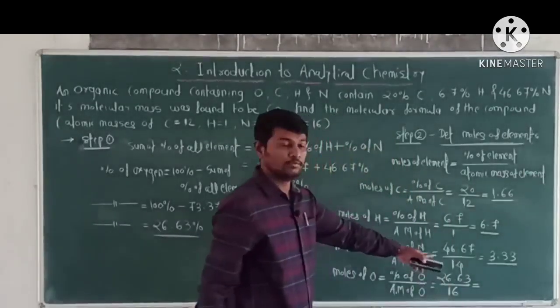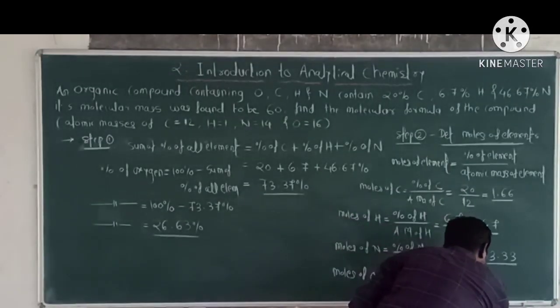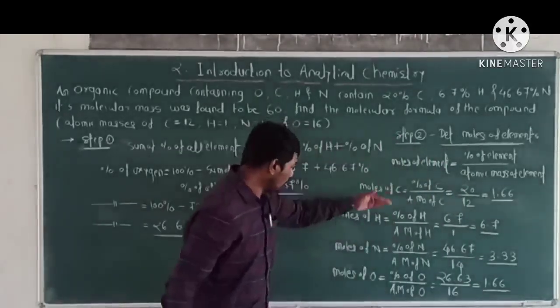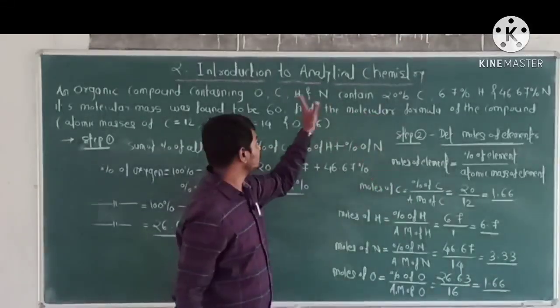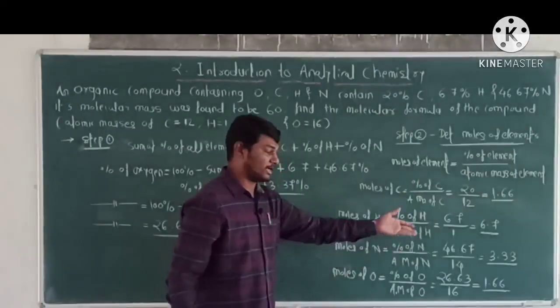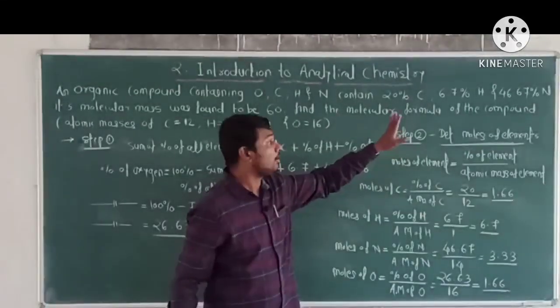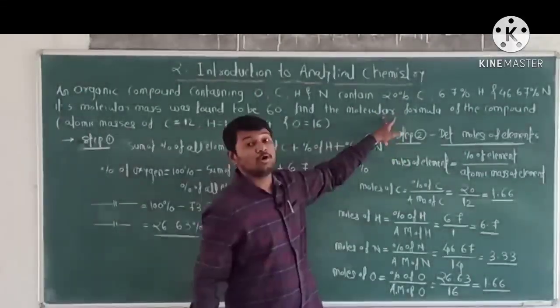Solving this, moles of oxygen is 1.66. These are the moles of the elements present in this numerical: moles of carbon, hydrogen, nitrogen and oxygen. This is step number 2 of the determination of the molecular formula.